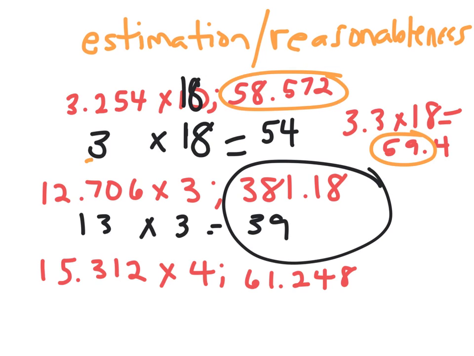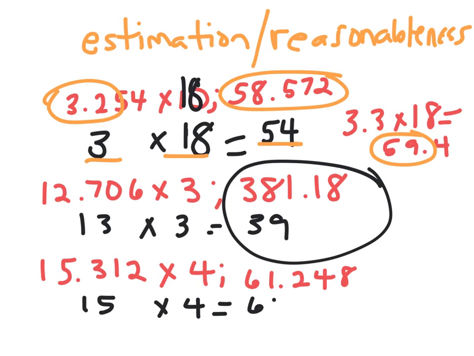So this one was simpler, and I can see I'm not far off, but if I really wasn't 100% comfortable, I could have rounded up and gotten 59.4. So you can always estimate. If you're not sure, you can try it again. Down here on the bottom we're going to have 15 times 4, which is going to equal 60, and we can see that 60 and 61 are really close, and so we can say that our answer was reasonable.